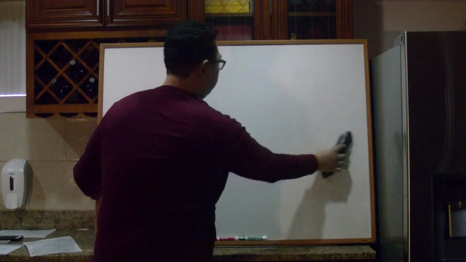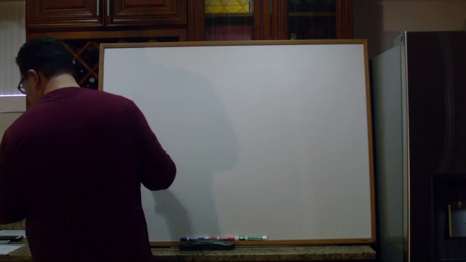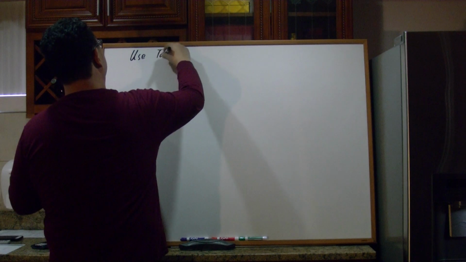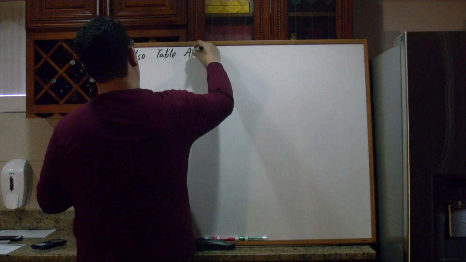Right, we have seen that it can only take values from negative 1 to 1. How do we determine the strength? We'll use a table in our book. Use table A5.